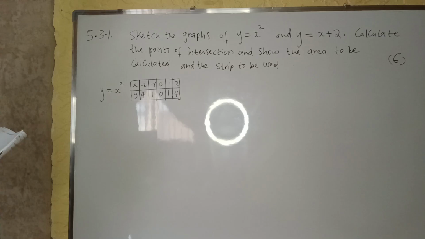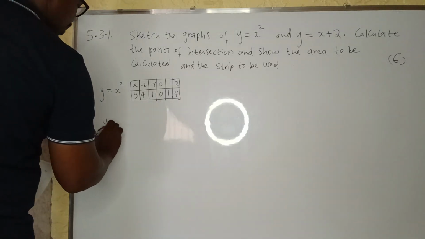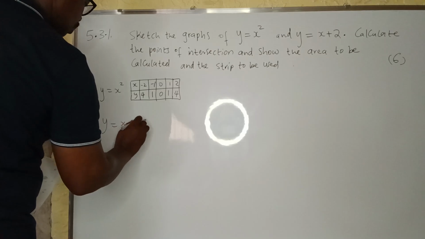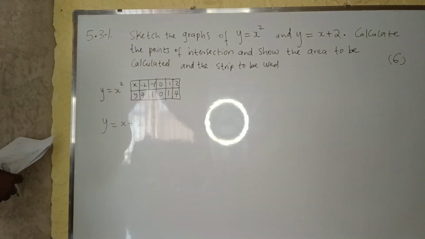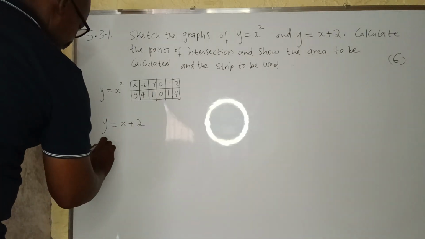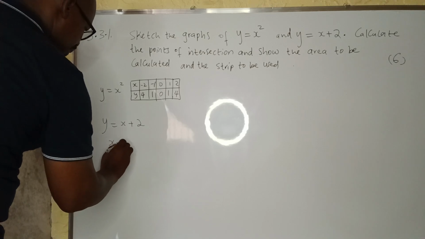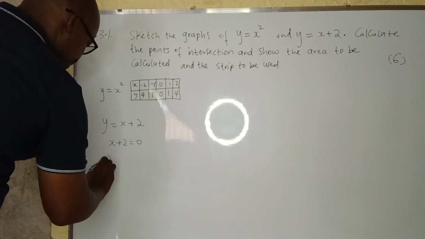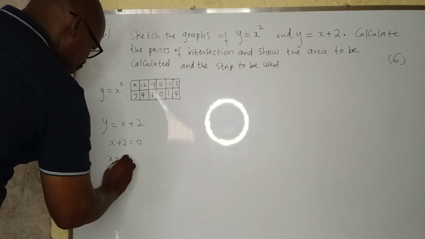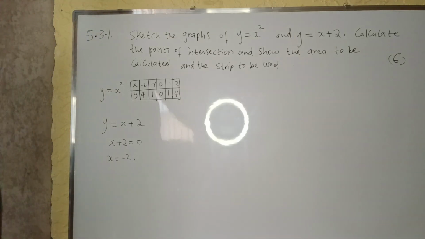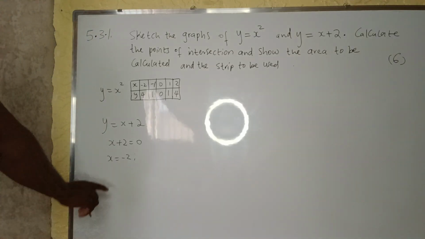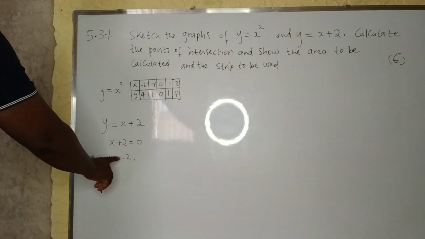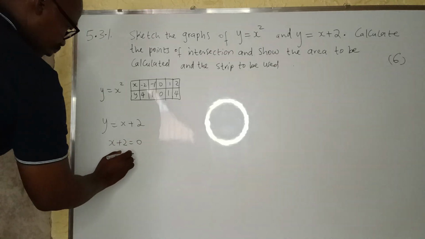Then there is another graph which is y is equals to x plus 2. So for the value of x, you let y be equal to 0, you'll be having x is equals to -2. So for x-intercept, y is equals to 0.